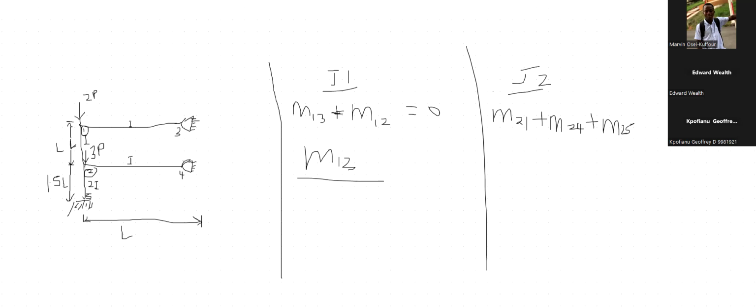Mr. Edward, do you remember that one? That is M21, M13. Okay. So if there's a pin, it should be 3EI, without load going through it.